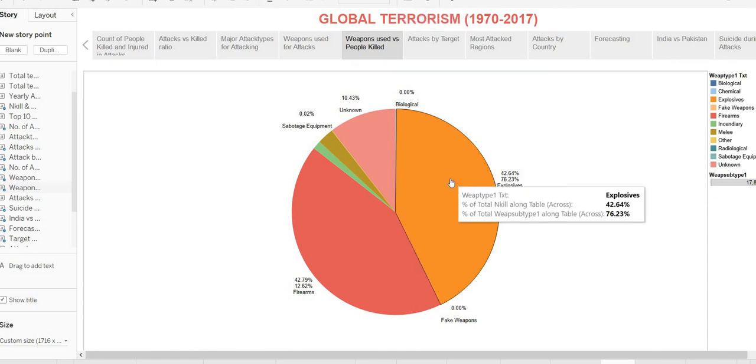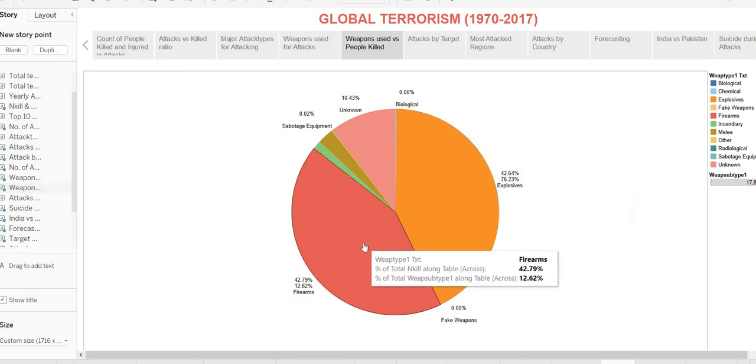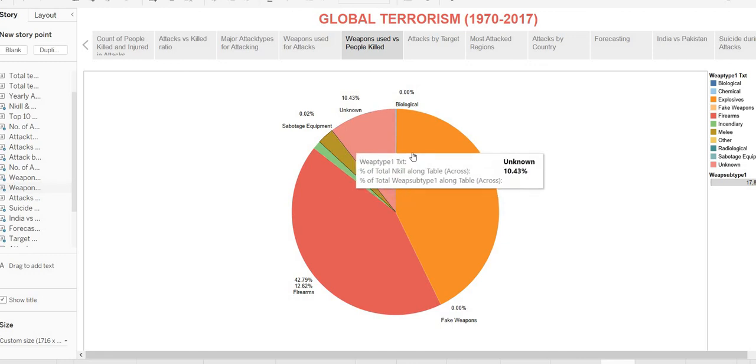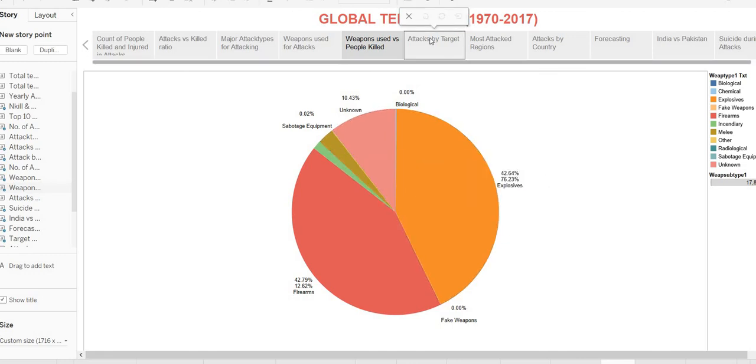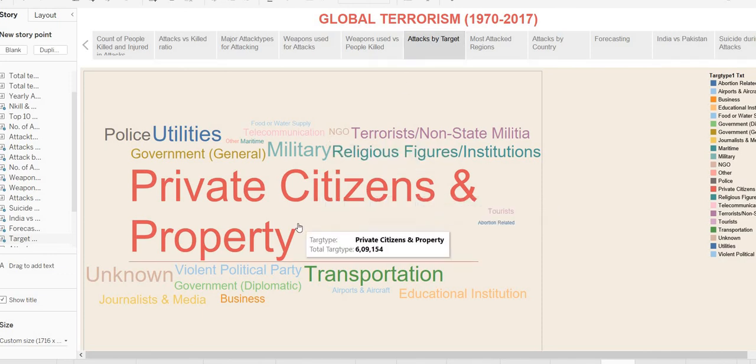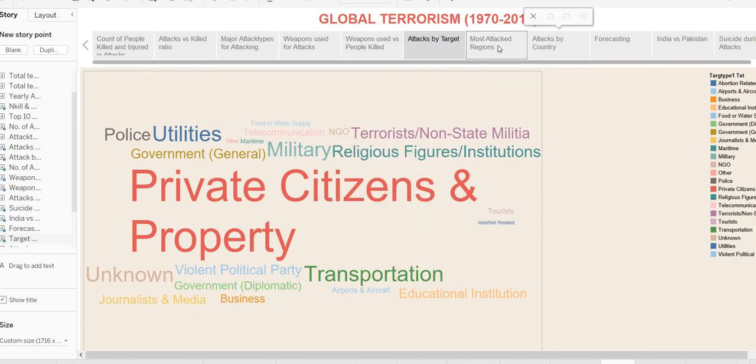Here we can see explosives: people killed with explosives 42%, and they were used 76%. The firearms: people killed 42%, and they were used 12%. The private citizens and properties were the main targets of the attacks.